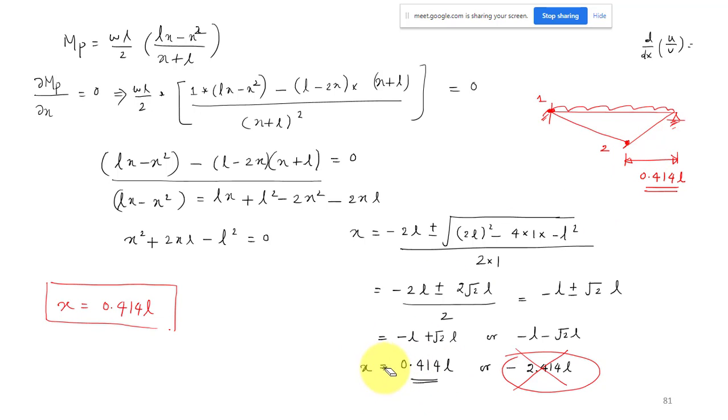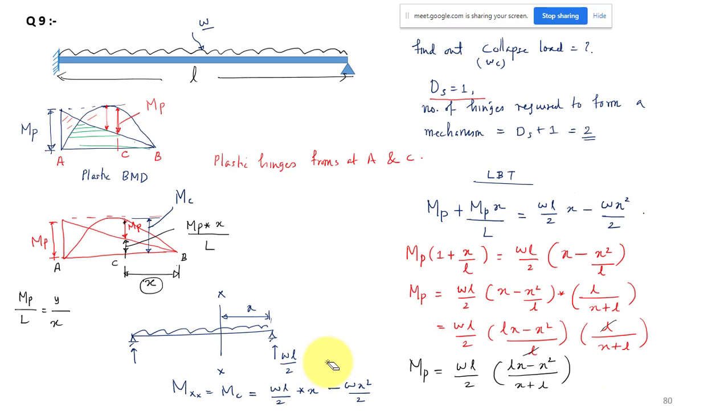Now because we are following this procedure, I can directly find the collapse load from here itself. Either you can use this equation: MB equal to WL by 2 into Lx minus x square by x plus L. Let me call this equation number 1.